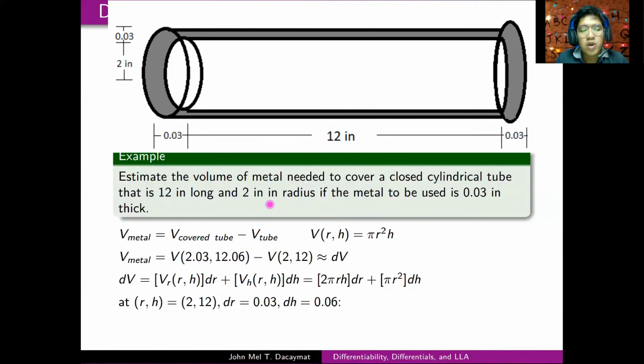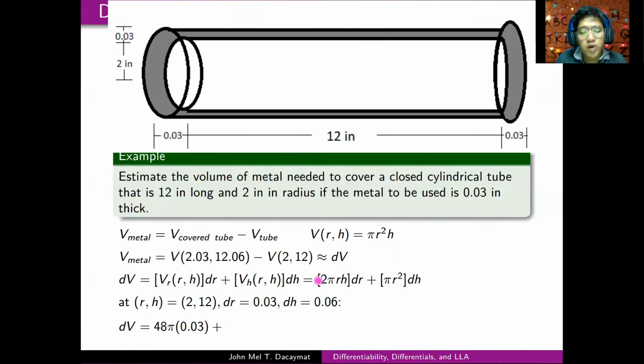Now, plugging in these values. So, plug in ko yung 2 and 12 sa R at H bilang yung nasisilbing old values natin dito. And then yung DR mo, yung change in R is 0.03, change in H being 0.06, what I will get is 48 pi times 0.03. 2 pi RH becomes 48 pi because R is 2 and H is 12.